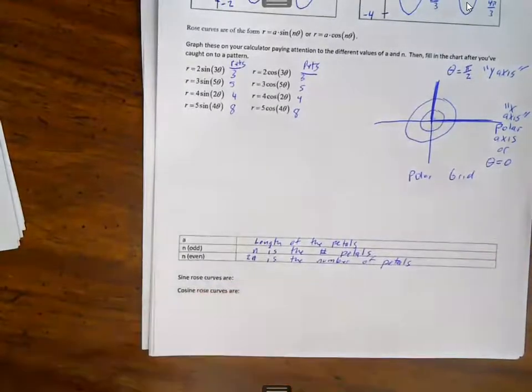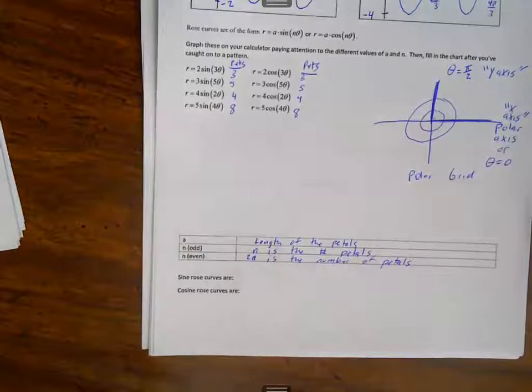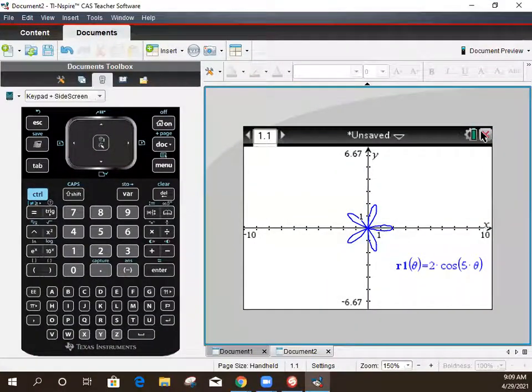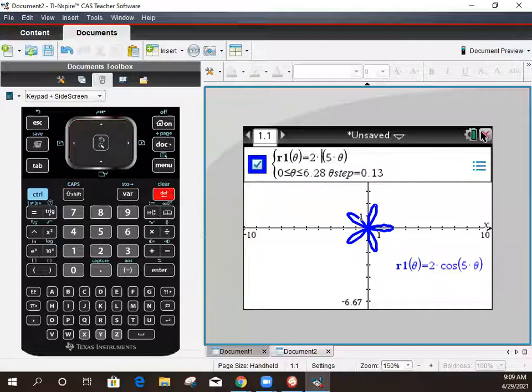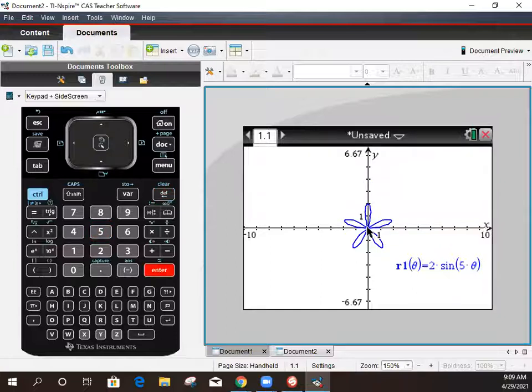So when I say theta equals pi over 2, I'm really just talking about the y-axis. If we look back at the calculator, our pictures here, if we look at sine, whether it's 5 or 2 or 3, notice how it's always symmetric over the y-axis. So sine rose curves are always symmetric over the y-axis, or theta equals pi over 2.